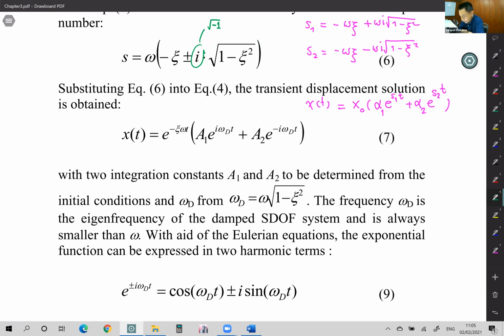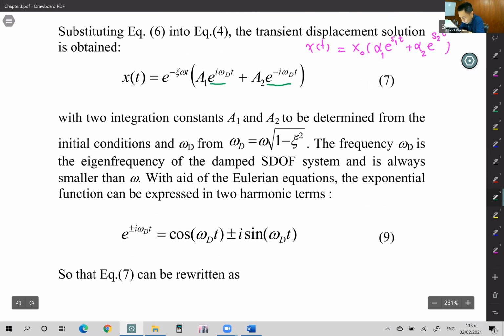In equation number 7, you see the two terms of exponential. The first term is e to the power ix, and the second term is e to the power minus ix. This is a sine and cosine function already.